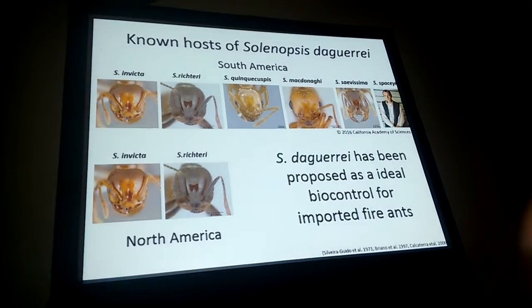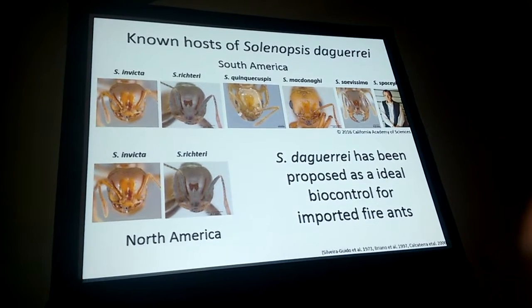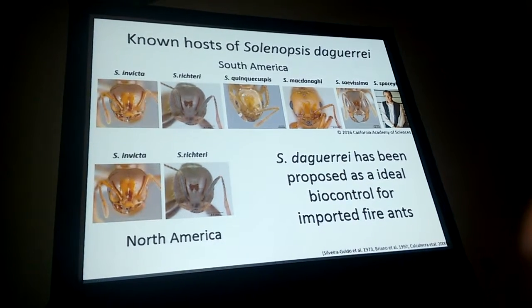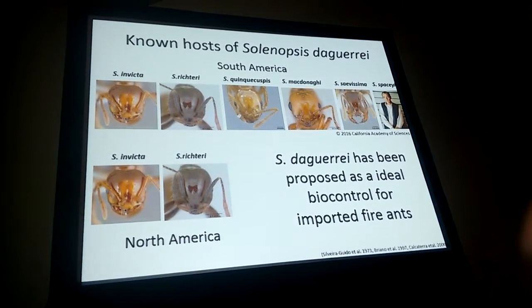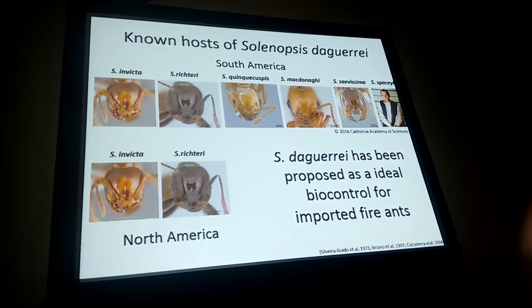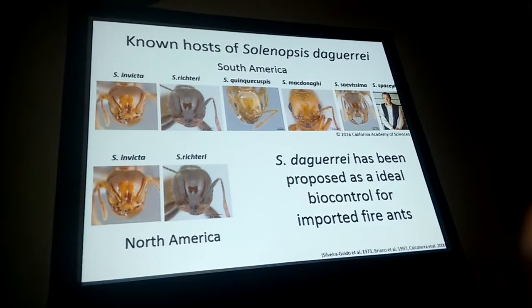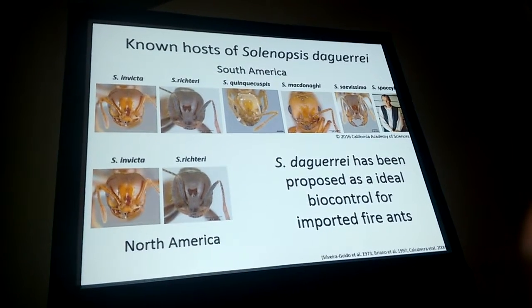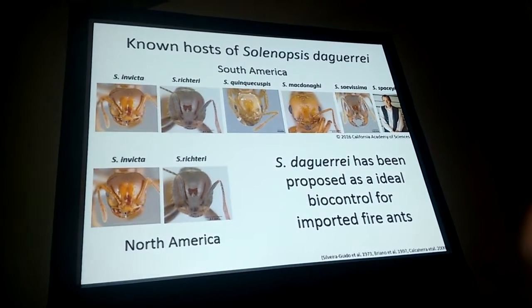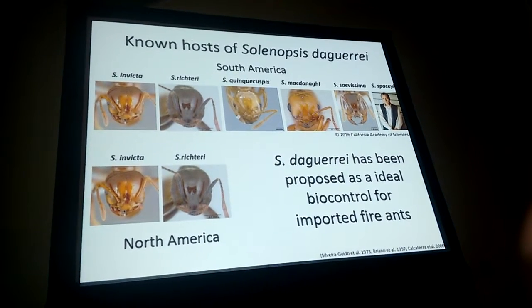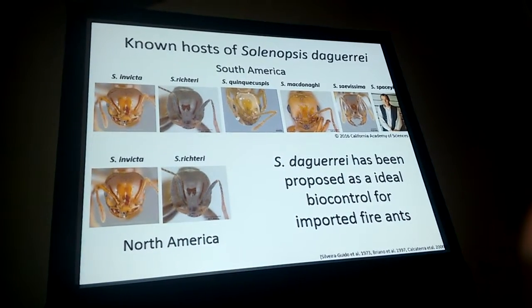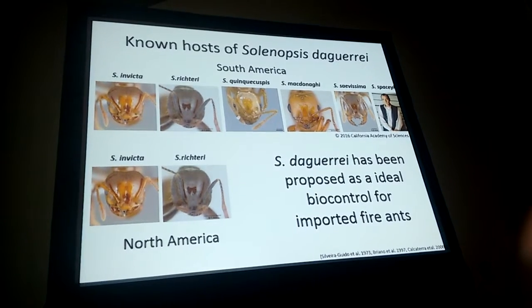And so a while ago, almost 70 years now, there was a study to look at potential biocontrols for stopping the spread of the fire ant. And daguerrei was an ideal candidate for use against the fire ant, hence the USDA's interest in daguerrei and in my talk here today.